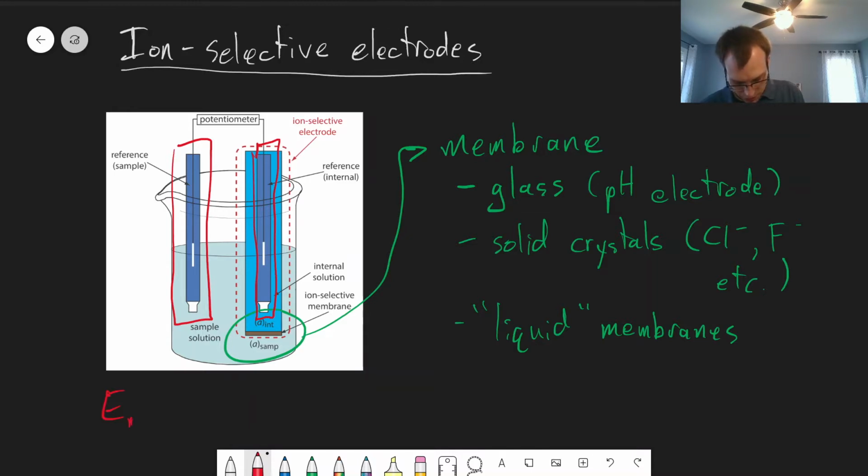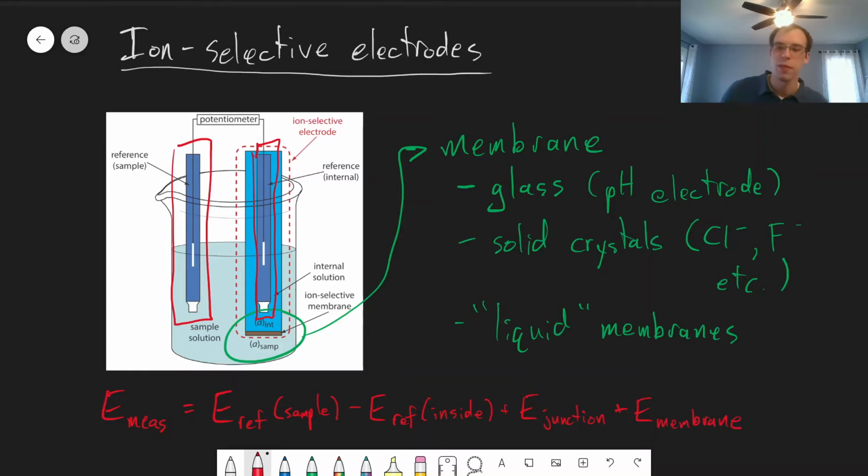Our measured potential, so we measure on a potentiometer, is going to be the difference between our reference electrode on the sample side minus our reference electrode on the inside of our potentiometer. Then we'll, of course, measure a junction potential. And importantly, we'll measure what the potential is across this membrane.